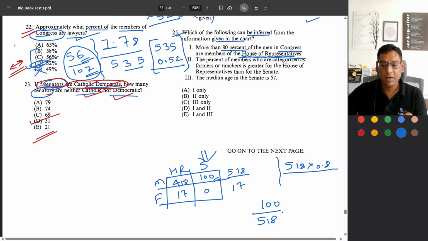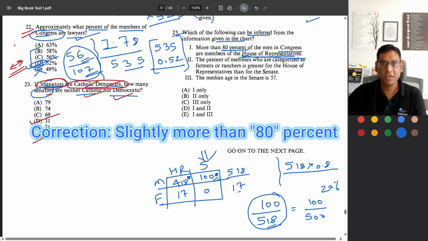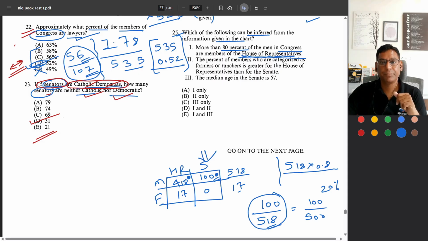Now this number 100, compare that with 100 by 500. That would be 20%, right? That means 100 divided by 518 is slightly less than 20%, because the base is bigger. So this number here we have is slightly less than 20%. That means this percentage has to be slightly more than 80%.